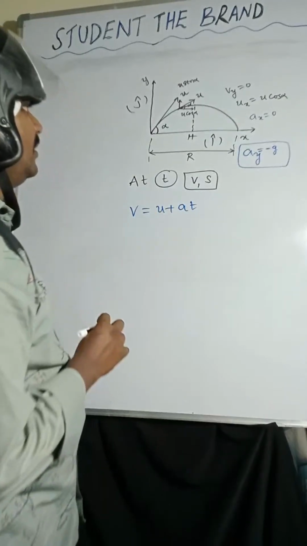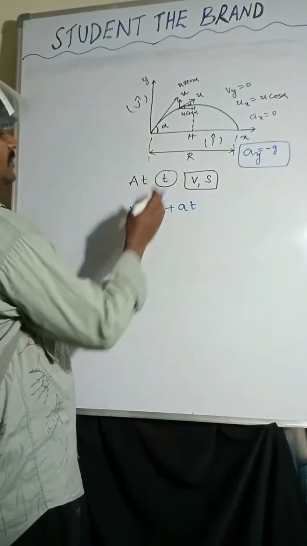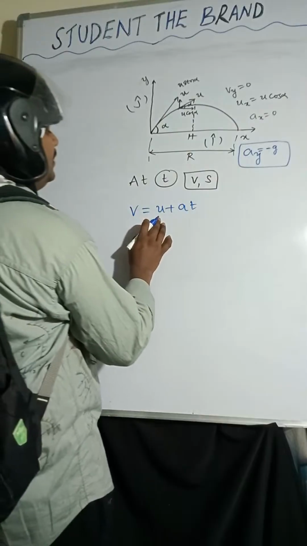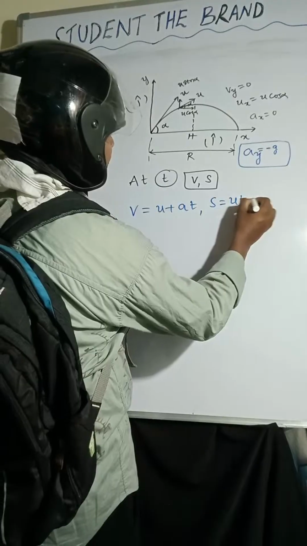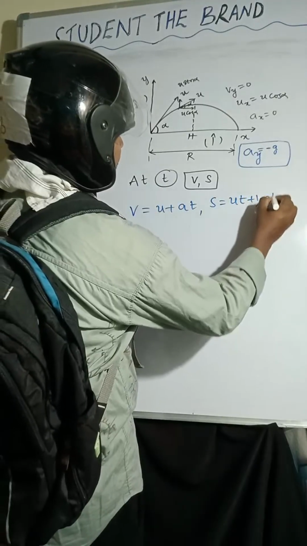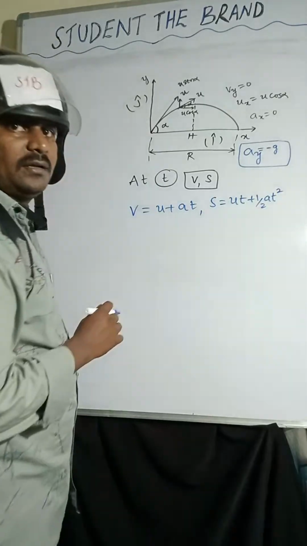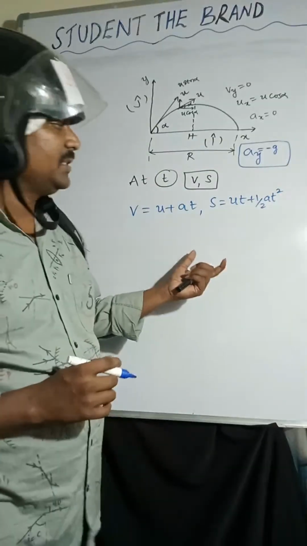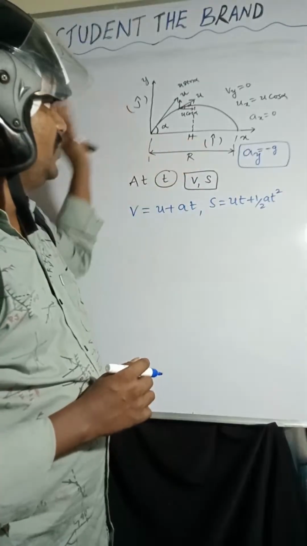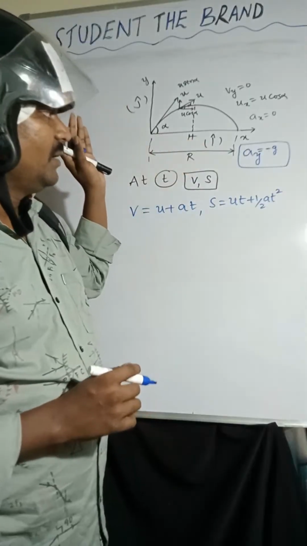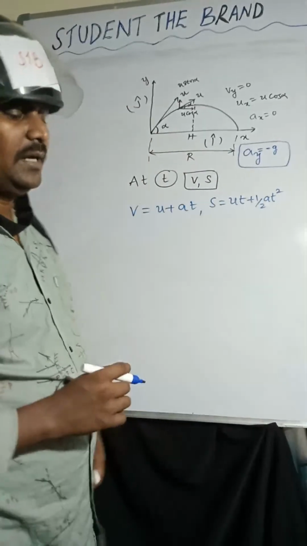Yes or no? So along the vertical component, we are taking the u value, and s equal to ut plus half at square. So these equations we will write in the form of horizontal component and vertical component. Now let's start.